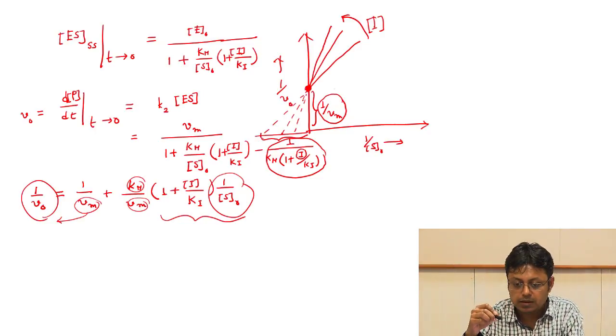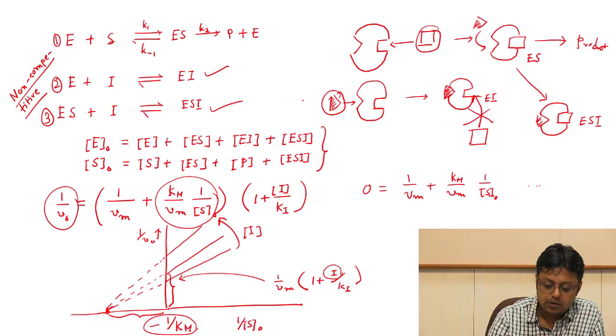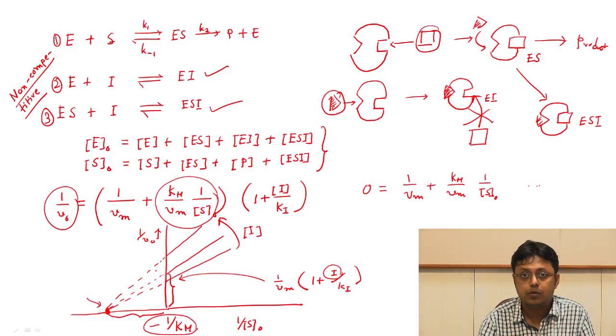However, the other situation is when we have the non-competitive inhibition, where the x-intercept is kept fixed, however the y-intercept keeps on changing. We will have more and more y-intercept.